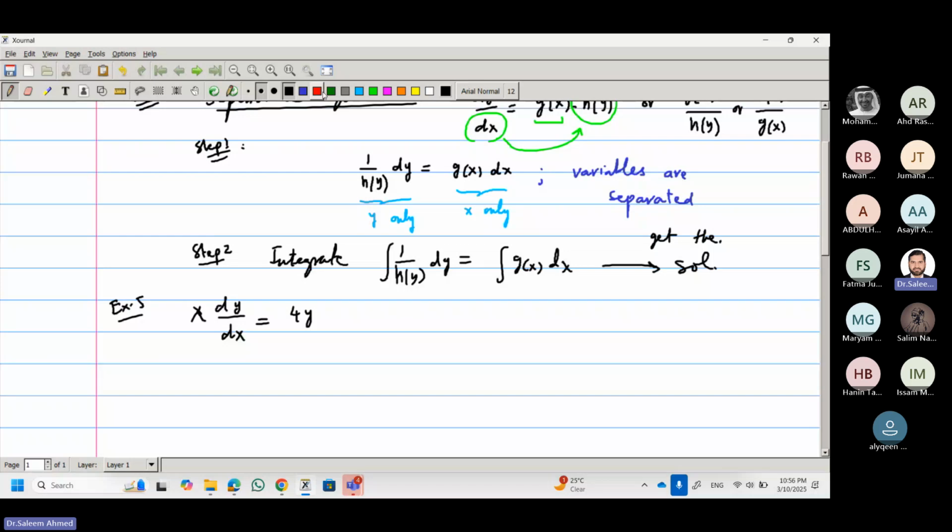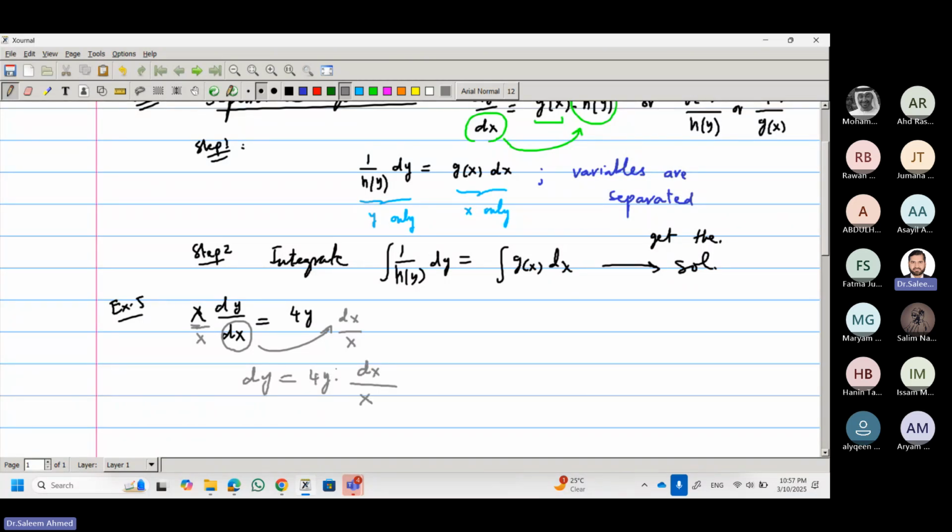From here, I need this dx to be on the right side, but this x should not be here as well. So I should divide by x on the other side as well. I should bring both on the right. So I will get dy is equal to 4y, and this becomes dx by x.